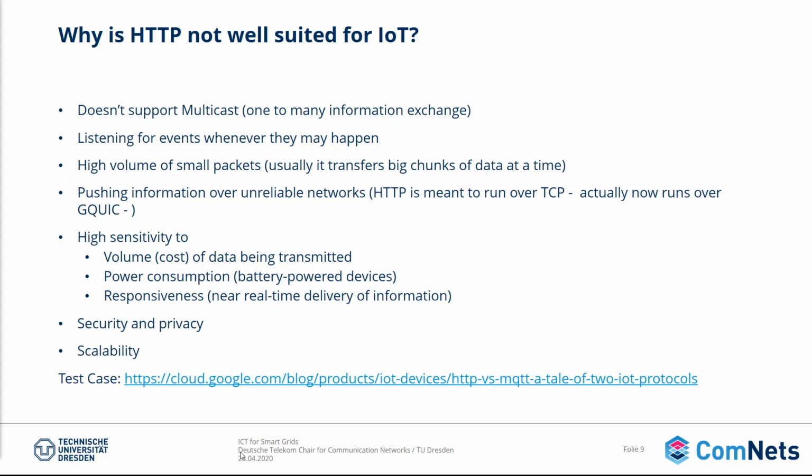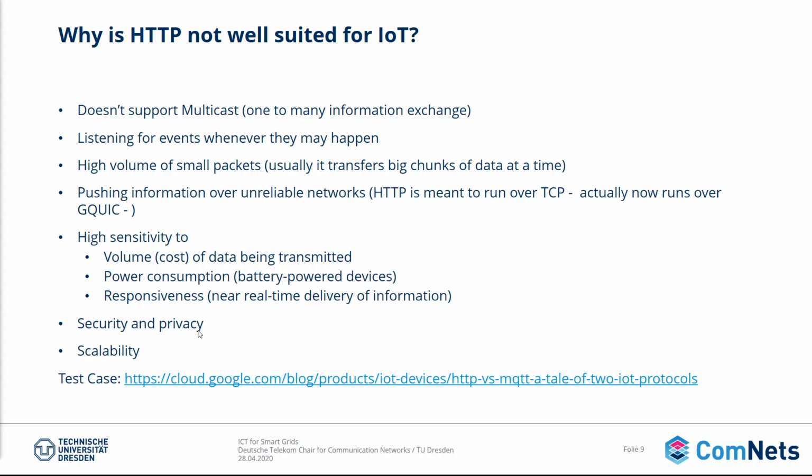Actually, Google made a test case, and they compared HTTP with MQTT, where MQTT is a protocol that we will speak about in the live session. They compared both of them, and they actually found a very interesting thing.